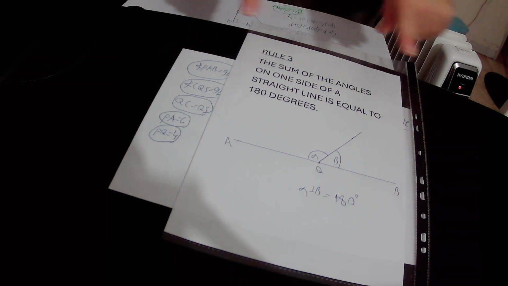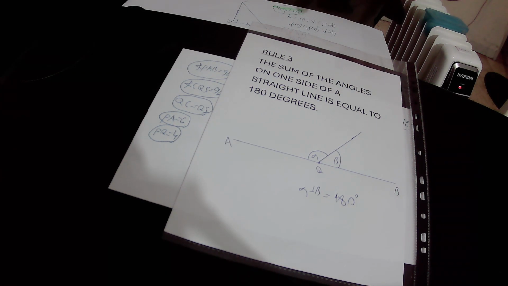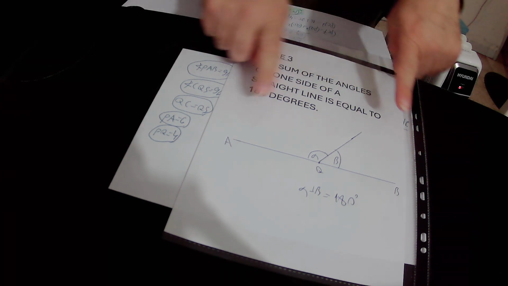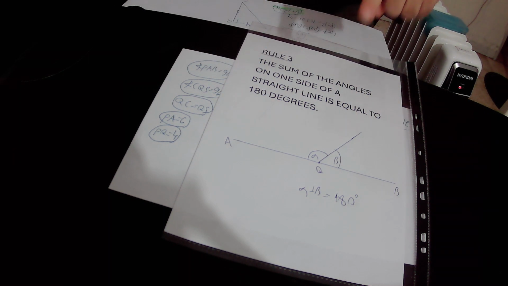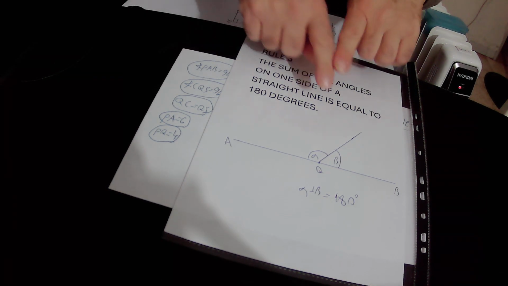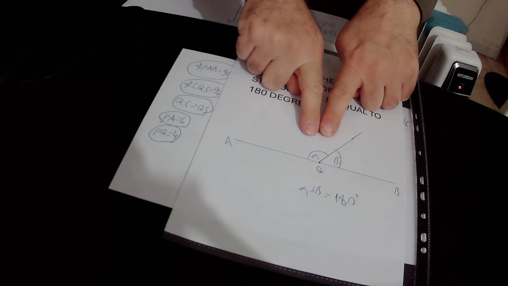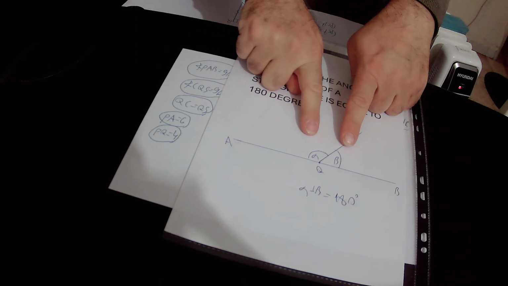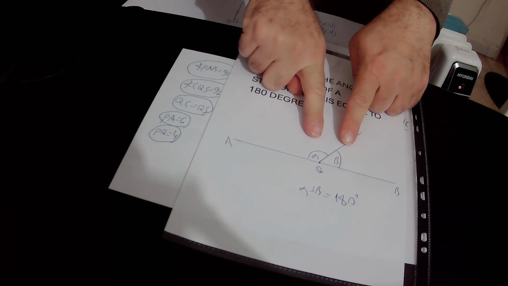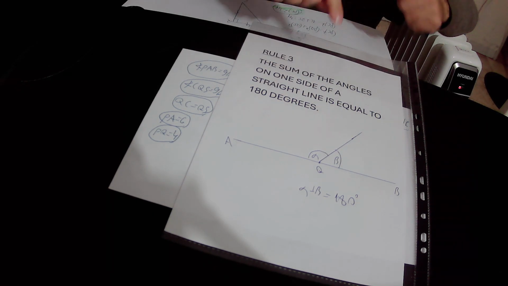AB is a straight line. So if we focus on the upper side of the straight line AB at point Q, the sum of the angles must be equal to 180 degrees according to this rule. Which angles do we have at the upper side of AB at point Q? We have this angle that is alpha, and this angle that is beta. So according to rule number 3, alpha plus beta must be equal to 180 degrees.